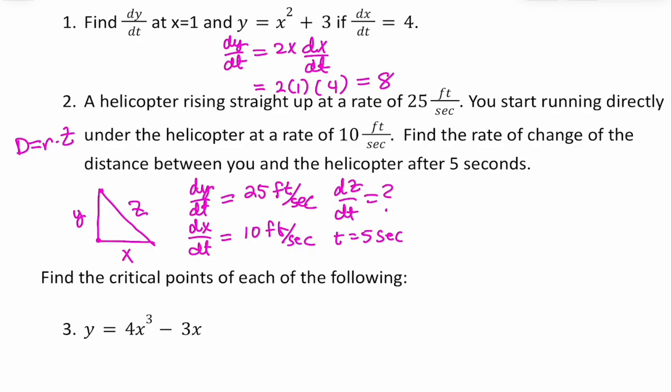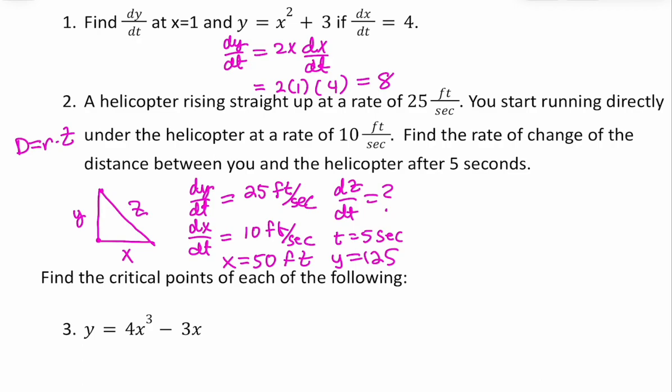I have gone 50 feet. So I know that x is 50. Now let's think about the helicopter. The helicopter went for 5 seconds at a rate of 25 feet per second. Distance equals rate times time. If you multiply those, y is 125.